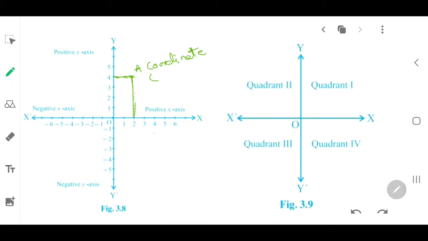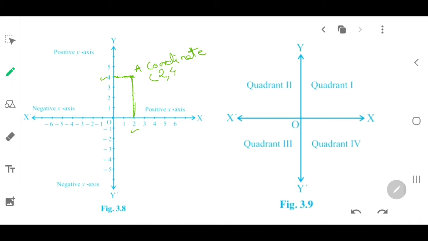So how can we represent the value? Always remember, the first value we represent is of the x-axis and the second is of the y-axis. Suppose I write the value of this coordinate A, it starts from the x-axis with the value of 2. So here we write 2. Then put one comma. Then we write the value of the y-axis, that is 4.